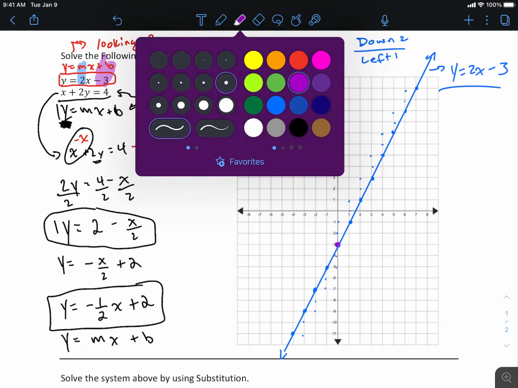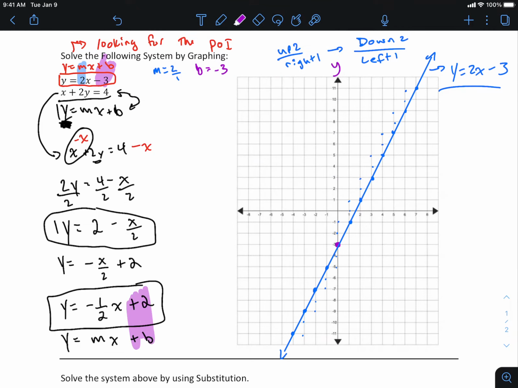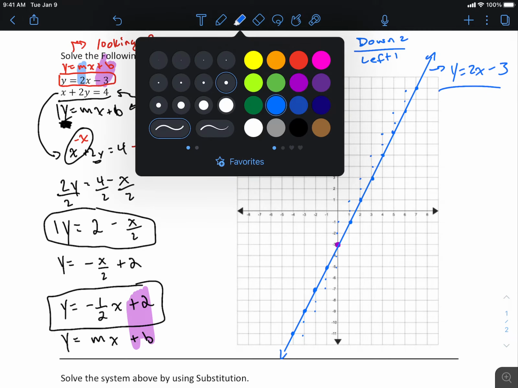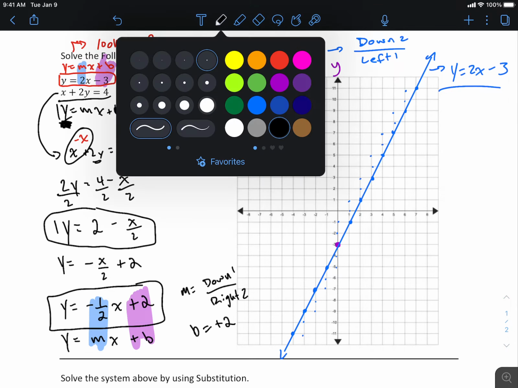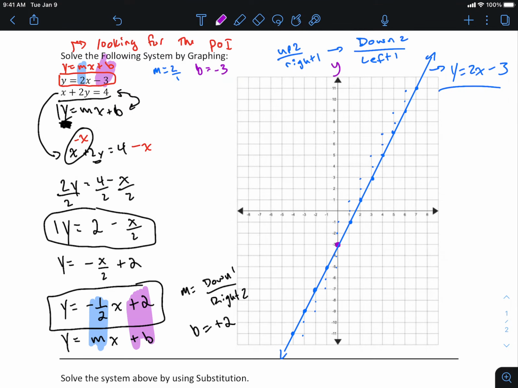Well, b in this question is 2, and the slope is negative 1/2. Or we could say, go down 1, right 2. Where's my starting value? At positive 2. So you say, okay, where's positive 2? It's right here.